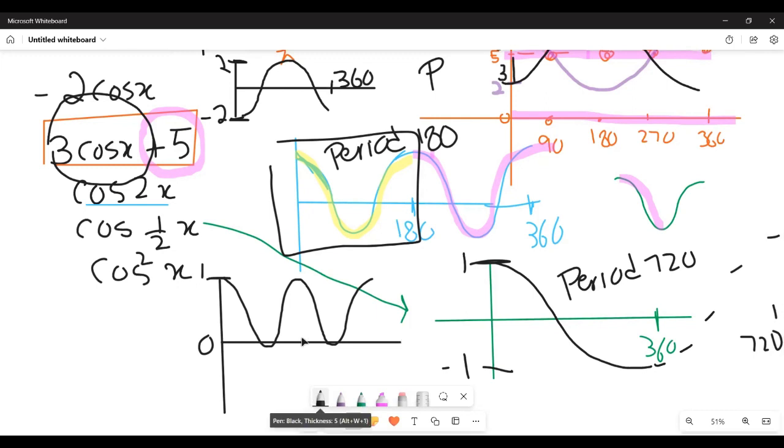In between you have 180, at the end you have 360, and then 90 and 270 in between these. The 90 here shouldn't go below the x-axis. Mine has slightly gone below it, yours shouldn't. And this is 270. These are all the transformations you're expected to know for cos.